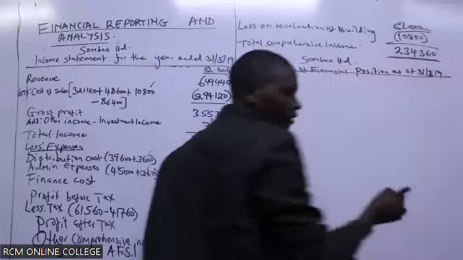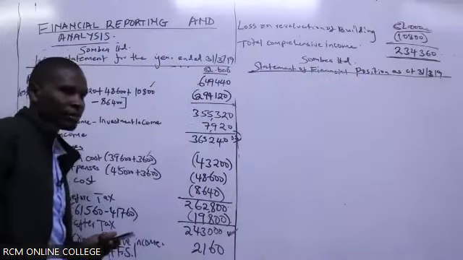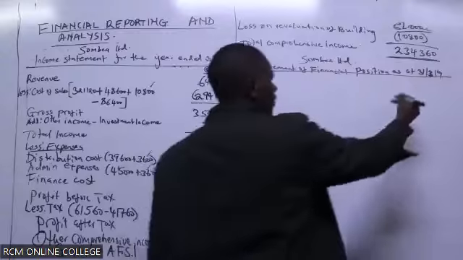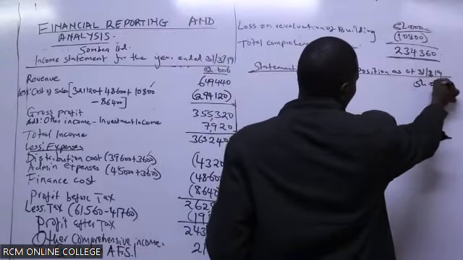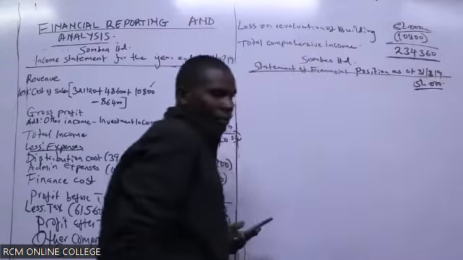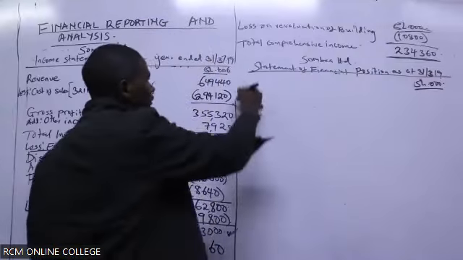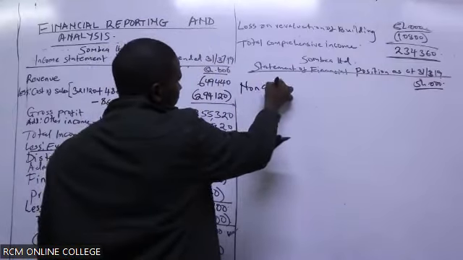Scare the examiner by underlining that. So our shillings are 1,000 in that order, and we start with the non-current assets.